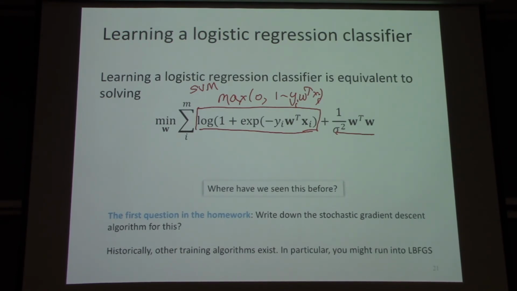For SVM, there was an additional problem in that the max is not differentiable, so we had to do subgradients. Here, log of something is still differentiable, so you don't even have to worry about subgradients. What you need to think about is the gradient of this function with respect to w. In fact, that's what you are doing for the first question of your homework, and implementing the algorithm you derive in the second part.